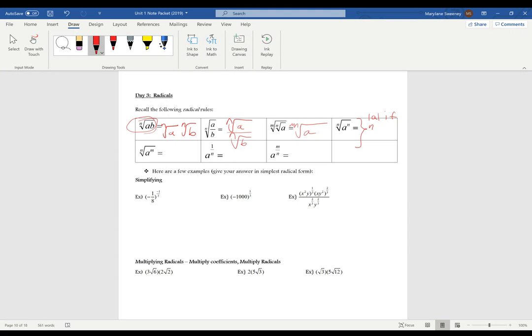Absolute value of A if n is even, and it's A if n is odd. Okay. The nth root of A to the mth power.